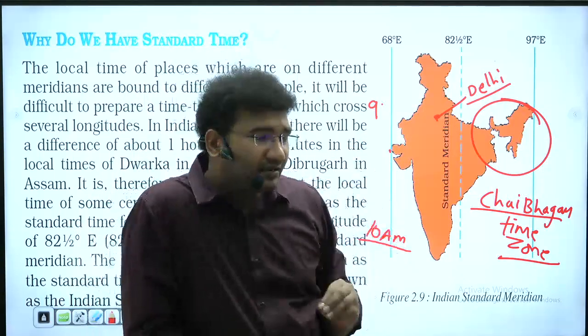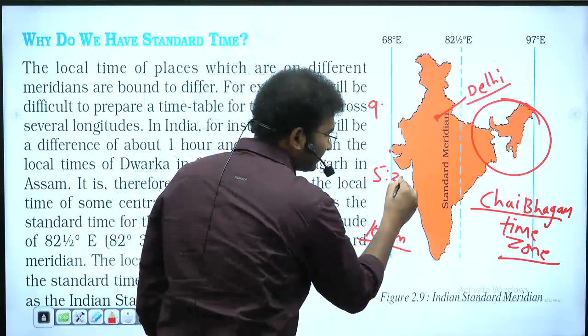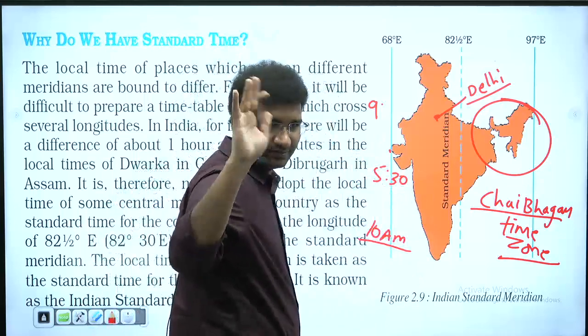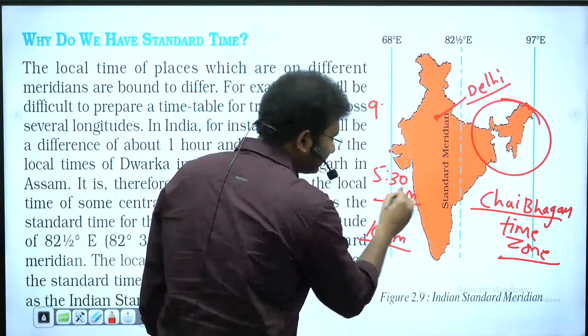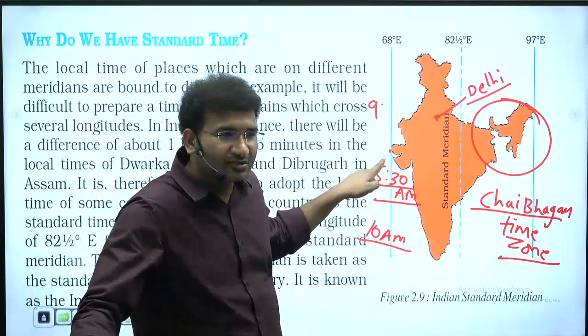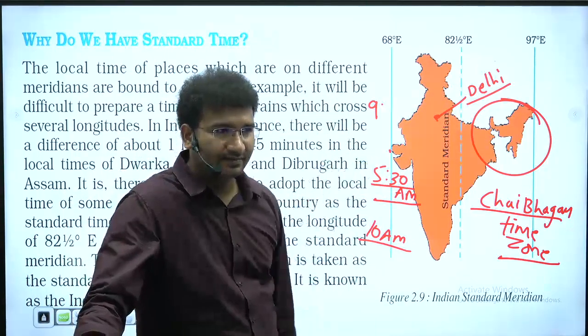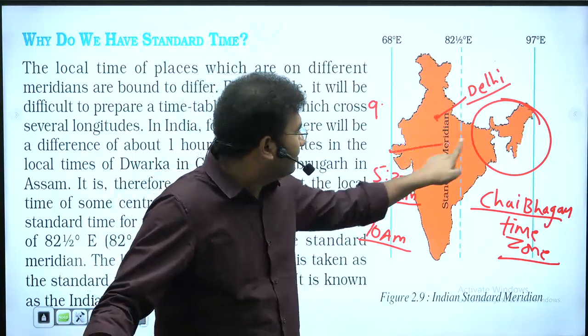If the sun rises at 5, summers में तो 5:30 को ही आप you can see the light, right? 5:30 AM, this is the time at which a person who is staying in the westernmost part of Gujarat is able to see the light. Right? Now, look at this.